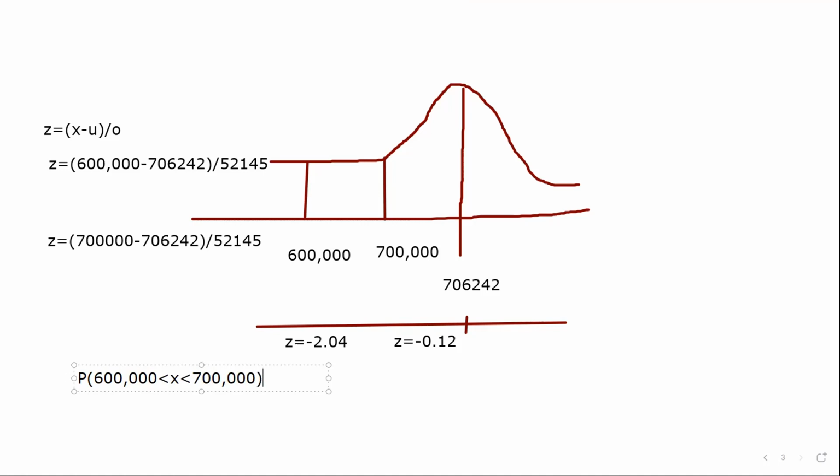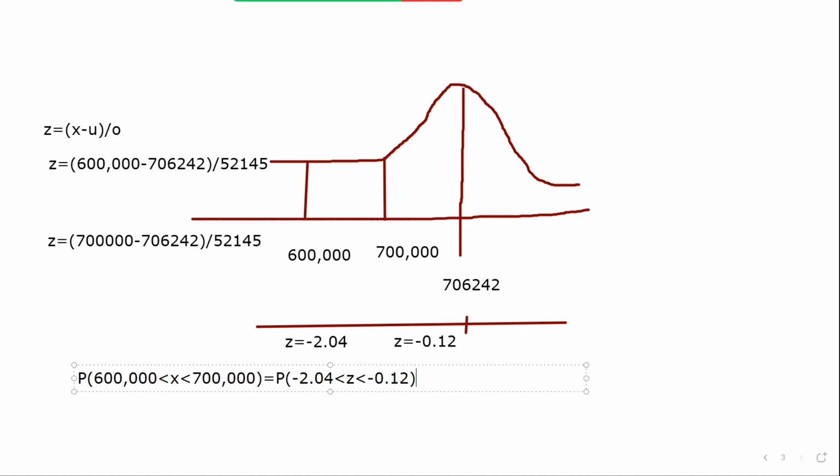Then we change it to our Z. This is equal to probability of negative 2.04 is less than Z, which is less than negative 0.12. So now let's go to the calculator and let's see what we have.